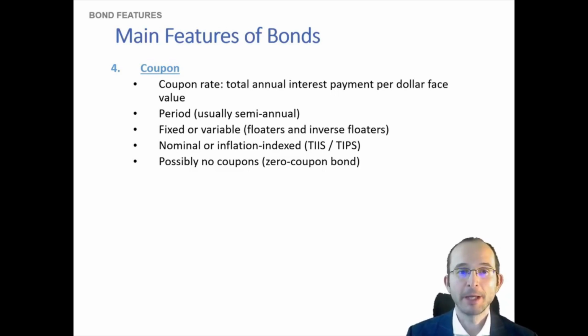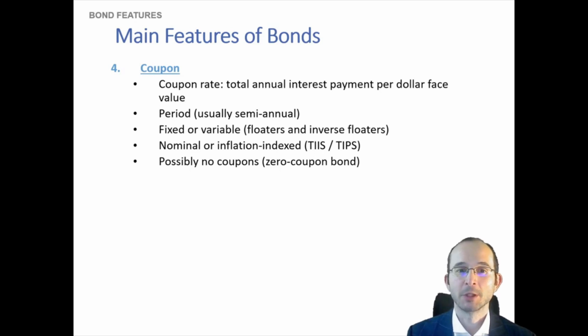Now the coupon rate can be fixed, such as an 8%, or it can be variable. Remember, fixed income doesn't necessarily mean that the payout is fixed. It can mean that the rules governing the payout are fixed. In other words, there's some formula.